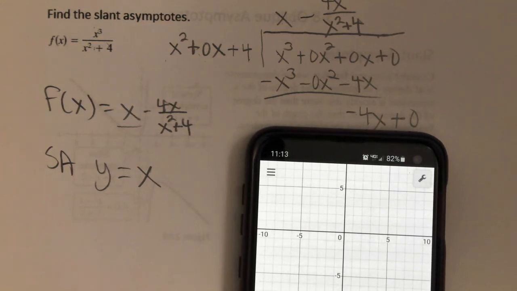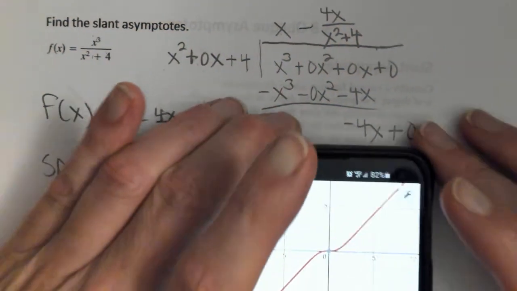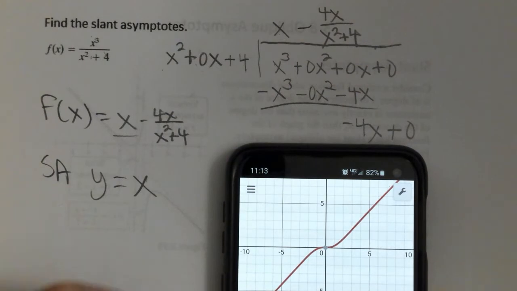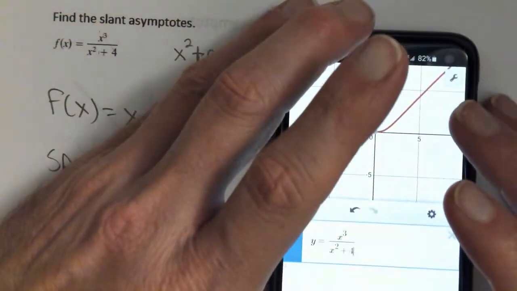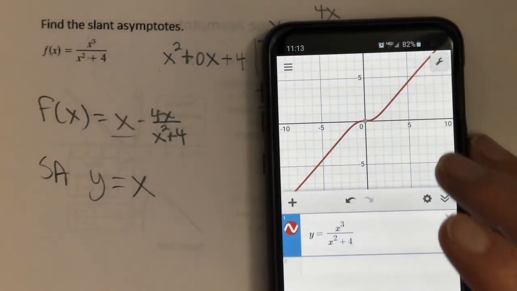So I'm going to go y equals, I'll need my fraction. I'm going to go x to the third power on the top, and on the bottom, we're going to go x squared plus 4. Alright, so once again, when we look at this, we can see that my slant asymptote here is going to be y equals x.